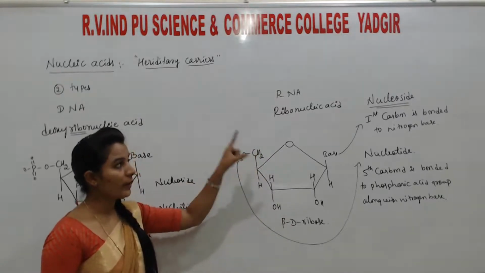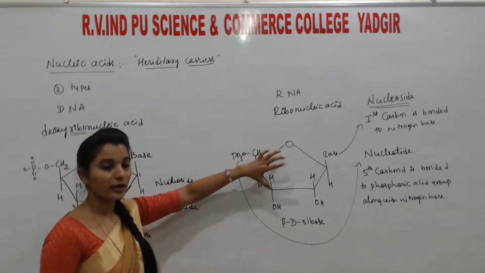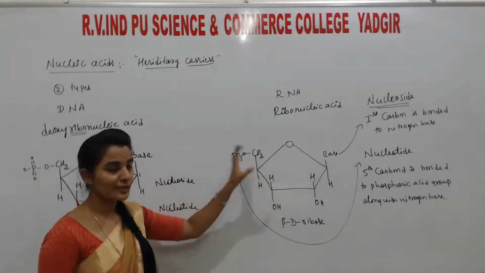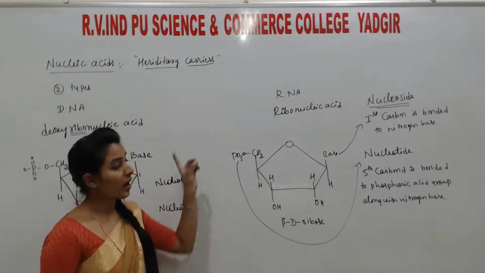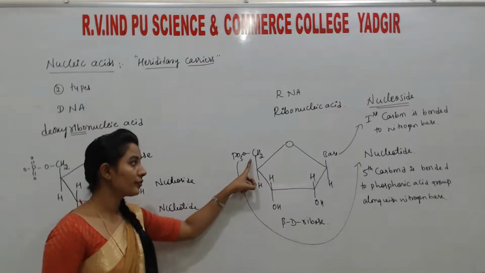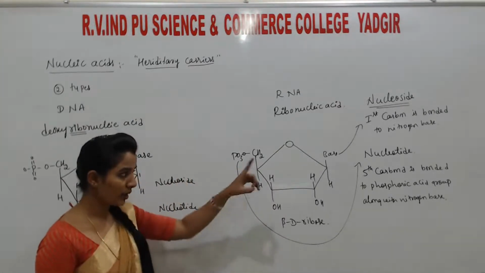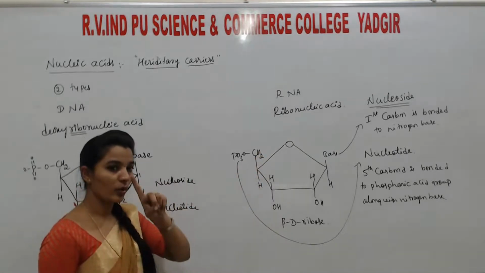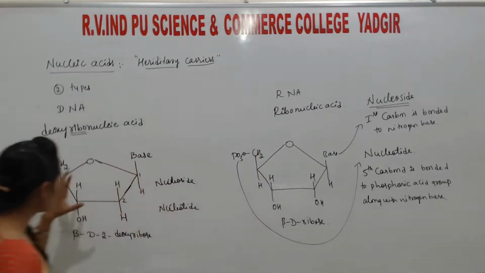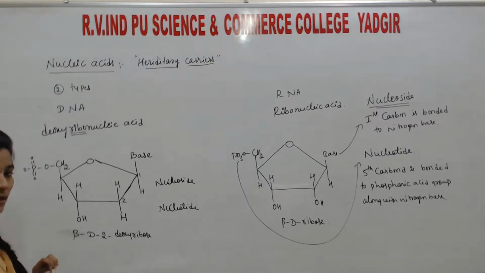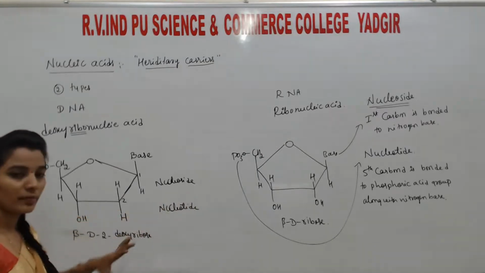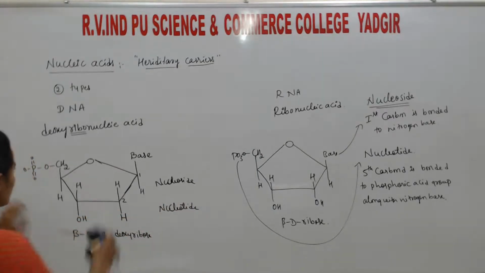For the first carbon atom in RNA or DNA, if a nitrogen base is bonded, then it is a nucleoside. Along with the nitrogen base, if the fifth carbon is bonded to phosphoric acid, then it is a nucleotide. Very important: nucleoside and nucleotide. This is deoxyribose and that is ribose.